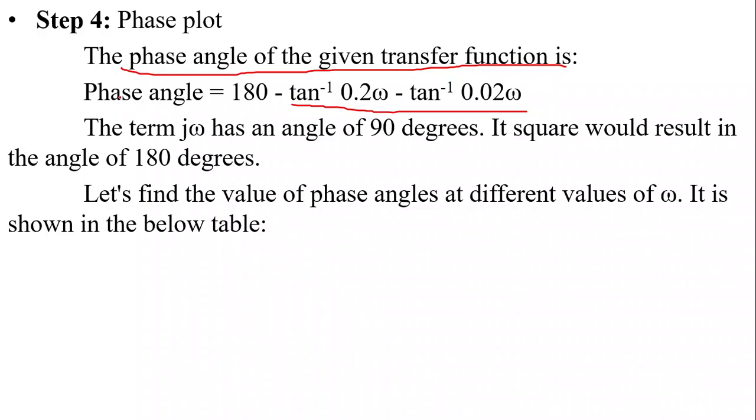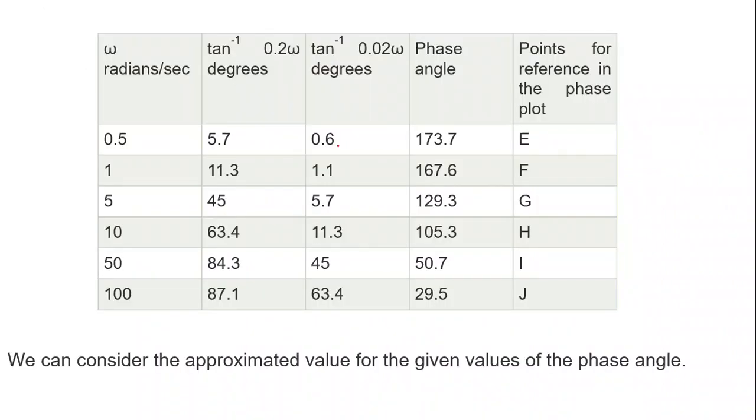So this is our formula to plot the phase plot in the similar graph. Next we have to find the phase angles at different values of omega, that is, different frequencies. We just consider 7 values.